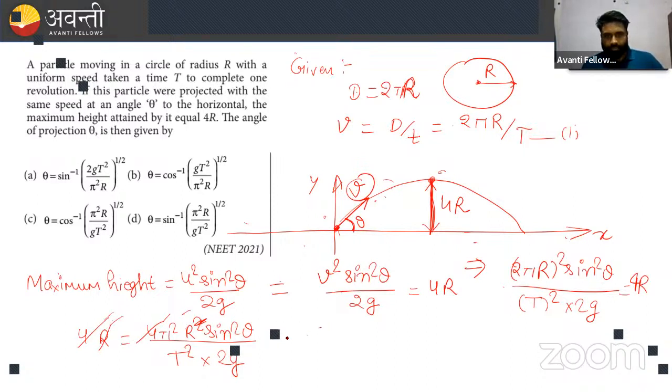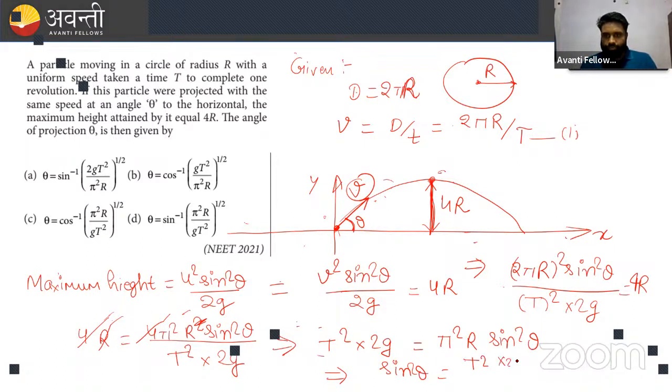Then we have to calculate the value of theta. So sin theta को इधर रखना, बाकी सब चीजें दूसरी तरफ. So this T square into 2g equals pi square r sine square theta. From here we can say that sine square theta equals T square into 2g divided by pi square r.